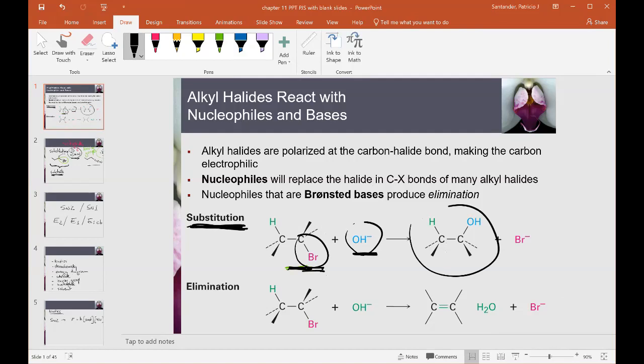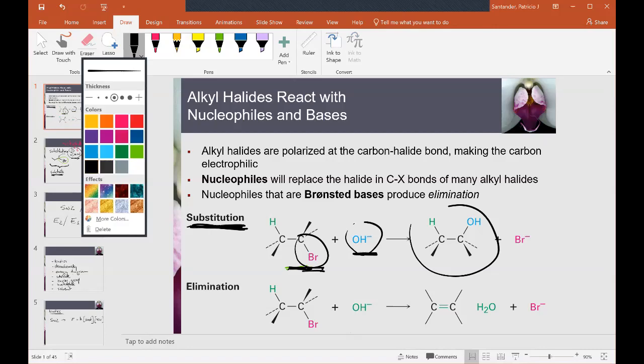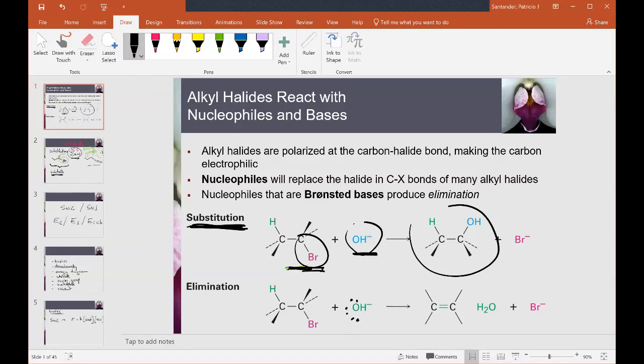If we have instead of a nucleophile a base, the OH can also behave as a base. You may remember that. Here we have 3 lone pairs in the OH.